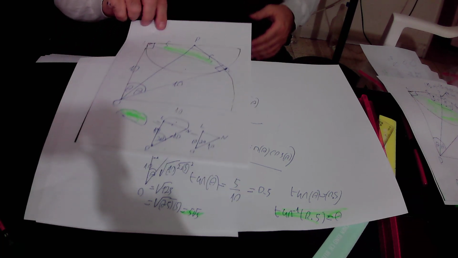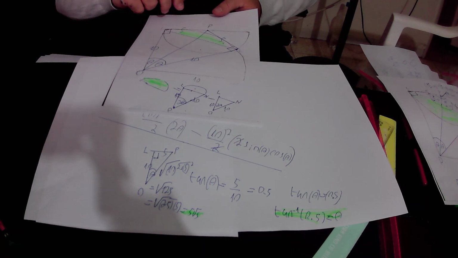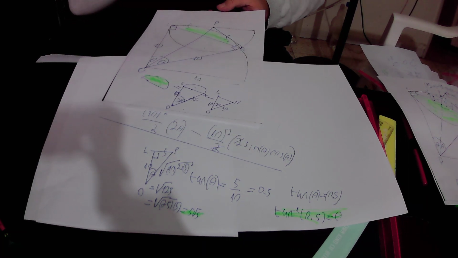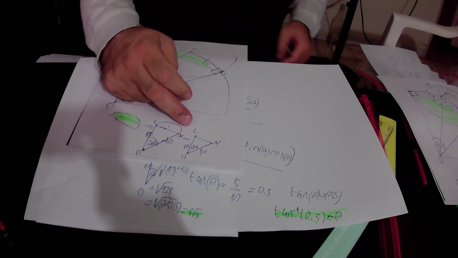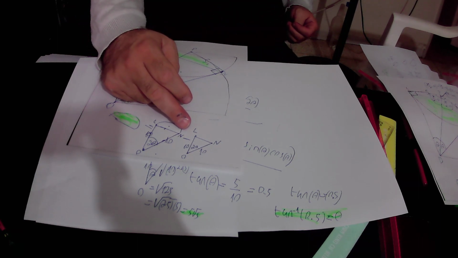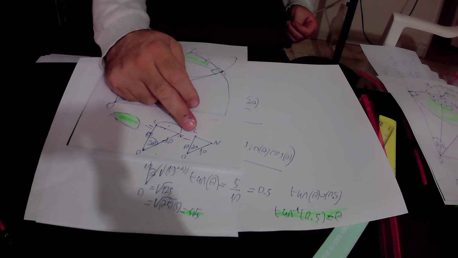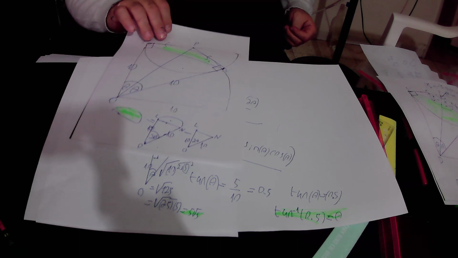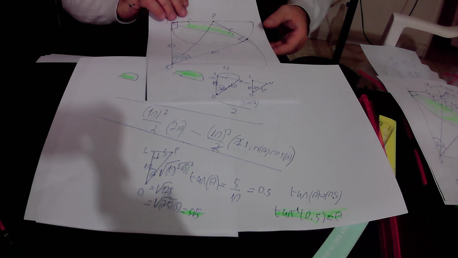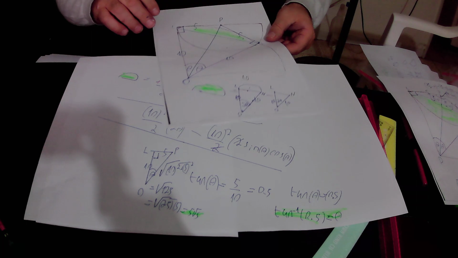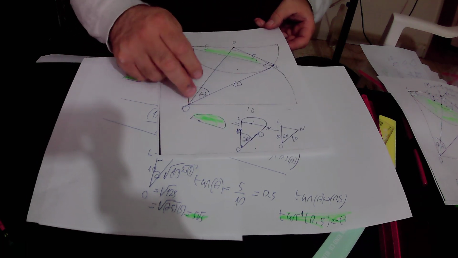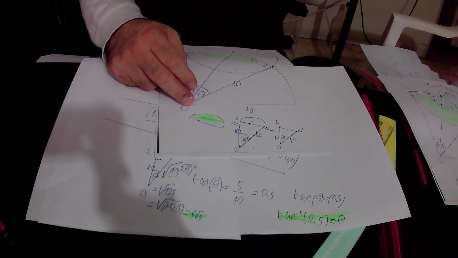Minus the area of triangle LNO, which equals the product of the two sides times sine 2 theta over 2. So this is the area of the upper circular segment.